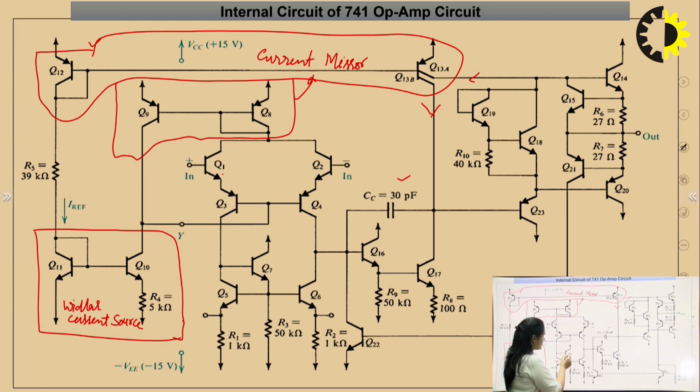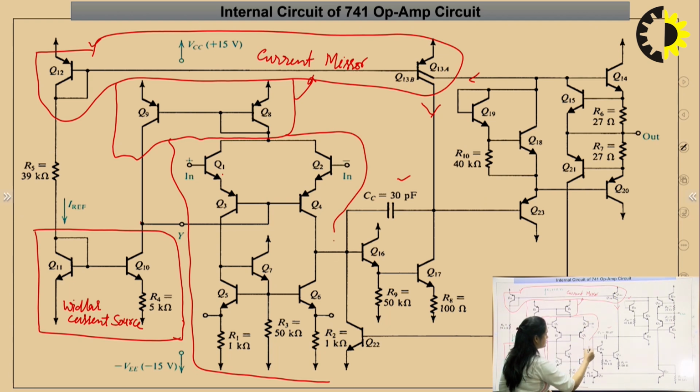Whereas Q5, Q6 and Q7 along with the resistors R1, R3 and R2 are used as active load to the differential amplifier. So, in conclusion, transistors Q1 to Q7 form the input stage with level shifter. This is known as the input stage, from here to here.